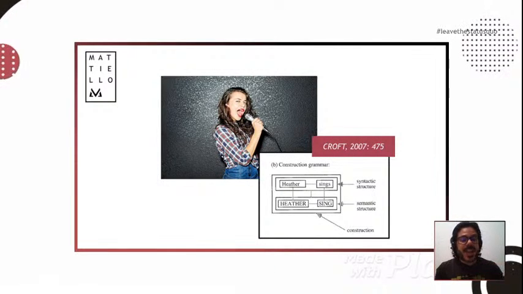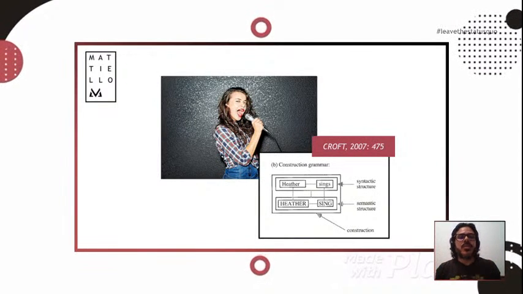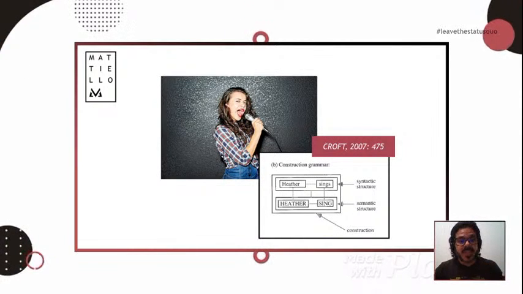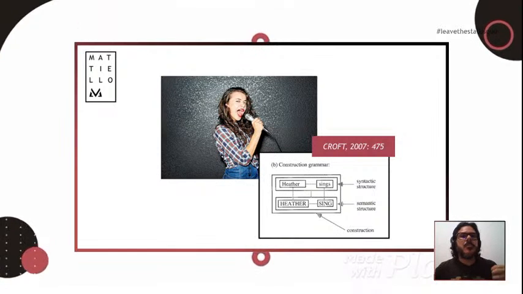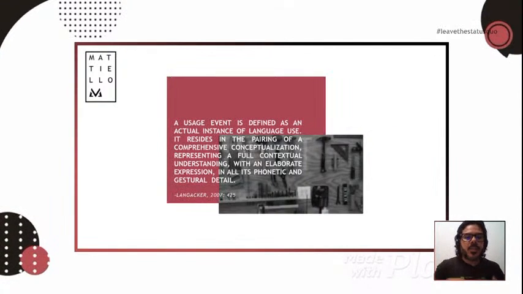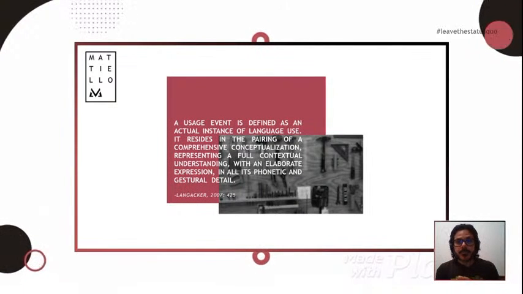If a person never has this experience, this person is probably not going to develop the concept of Heather. The same with sing, the same with appear, the same with sat, the same with on, and so on and so forth. Okay, so usage is really important here.